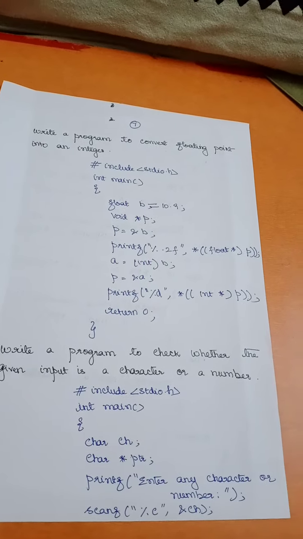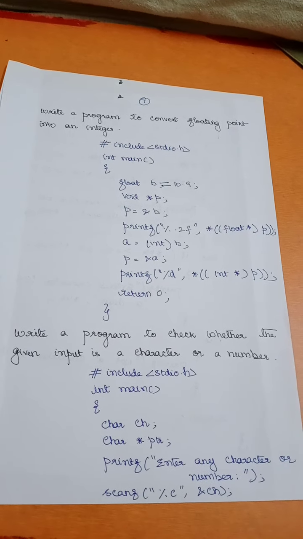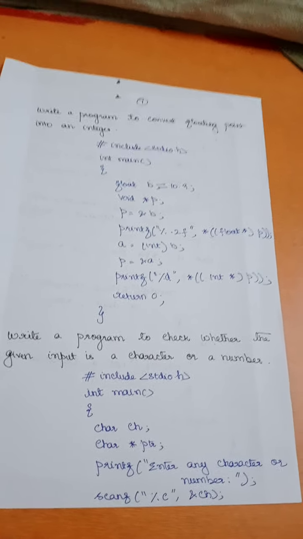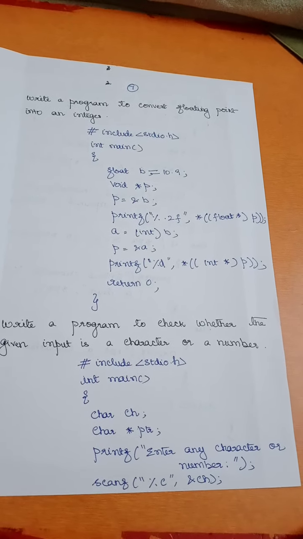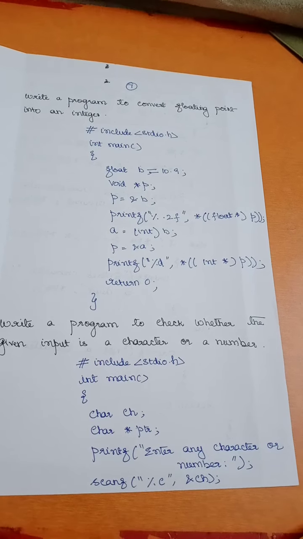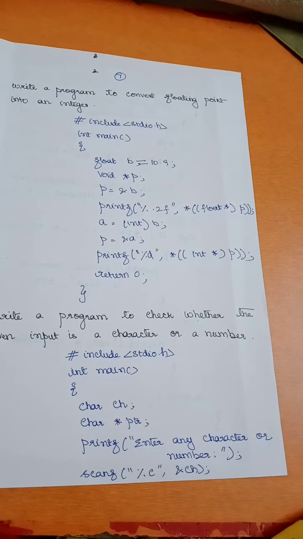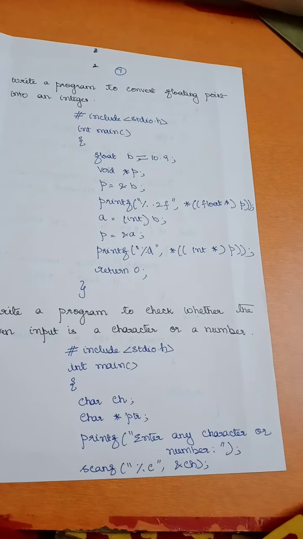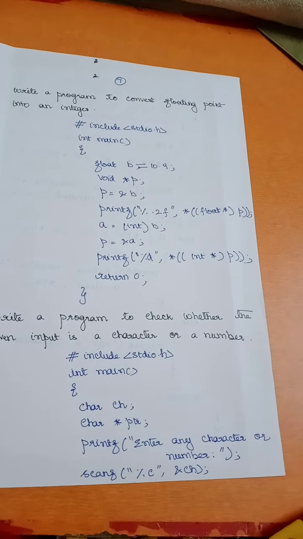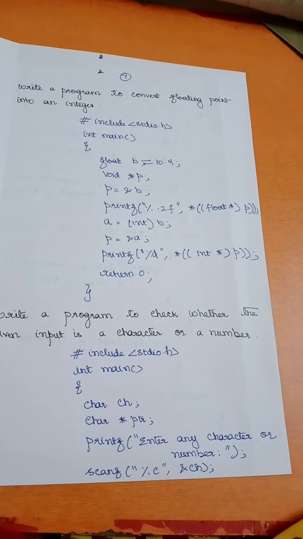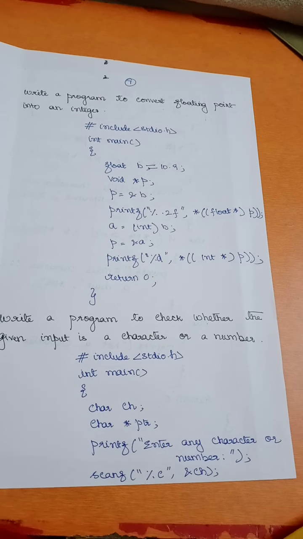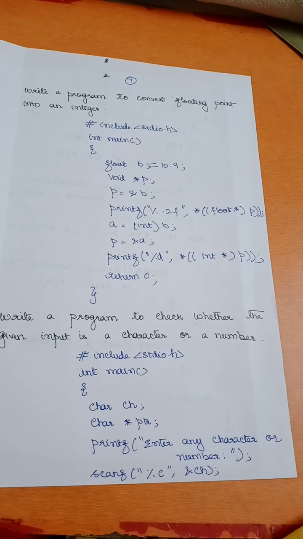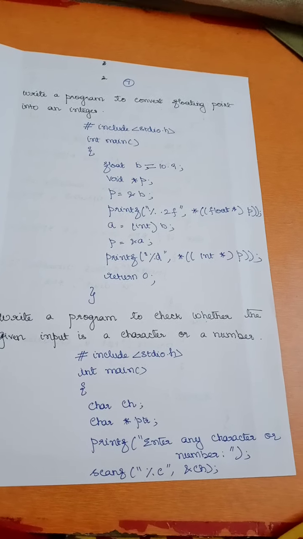Now, write a program to convert a floating point number into an integer. Now again here you can directly convert it using an int, right? Using a casting operator. Since we have to do this with the help of pointers, I have used the concept of void pointers because already I told you with the help of void I can keep on changing the type of the variable that is being assigned to the pointer, right?